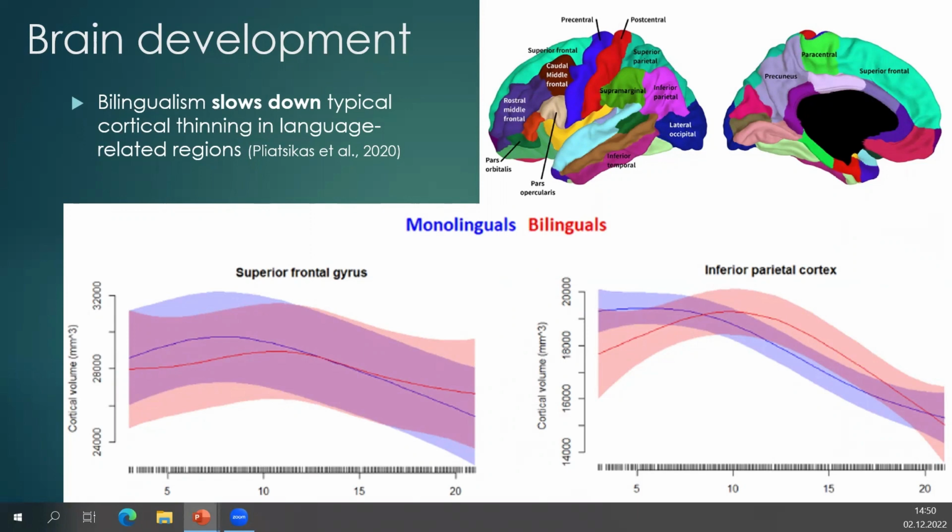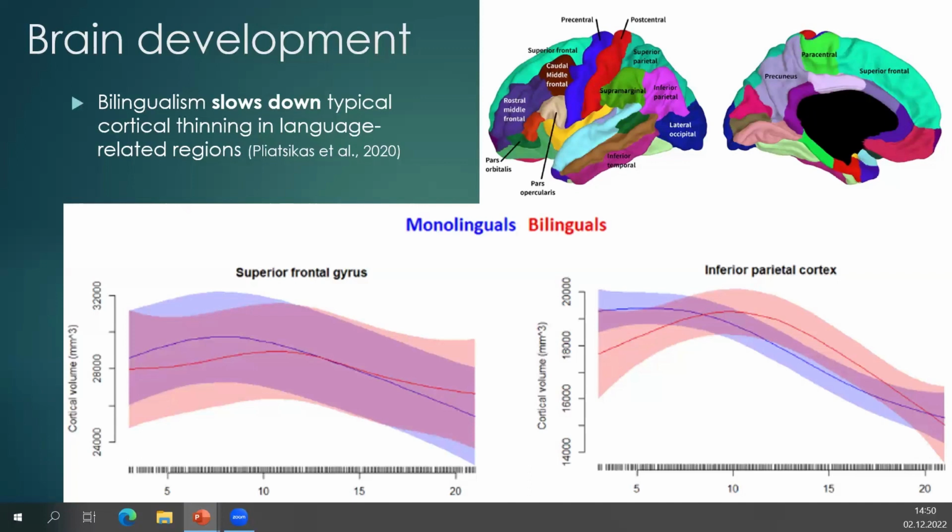So in blue, you see the monolinguals, and in red, you see the bilinguals, right? So both of them are decreasing with increasing age, which is as you would expect, but then this difference here was significant, meaning the bilinguals at the age of 20 had thicker cortex than monolinguals at the same age, right?